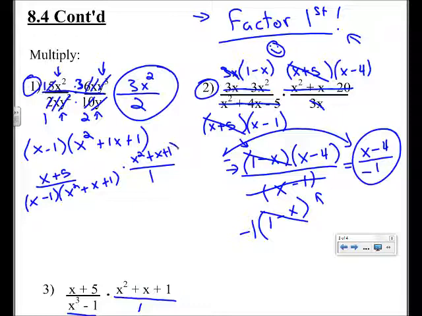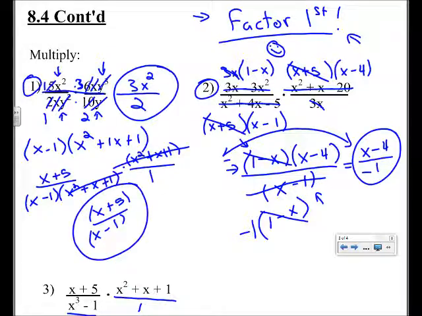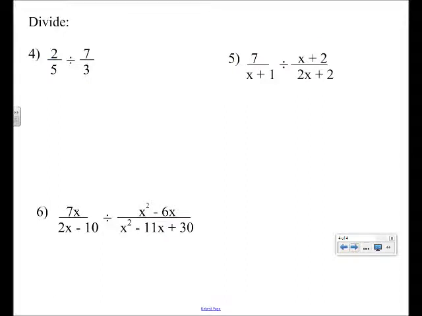Well obviously these quantities are going to cancel. On top we've got x plus 5. On the bottom we've got x minus 1 times 1, but it's just x minus 1. So there we go. Solved. That's pretty easy. Okay, let's move on to our next page.